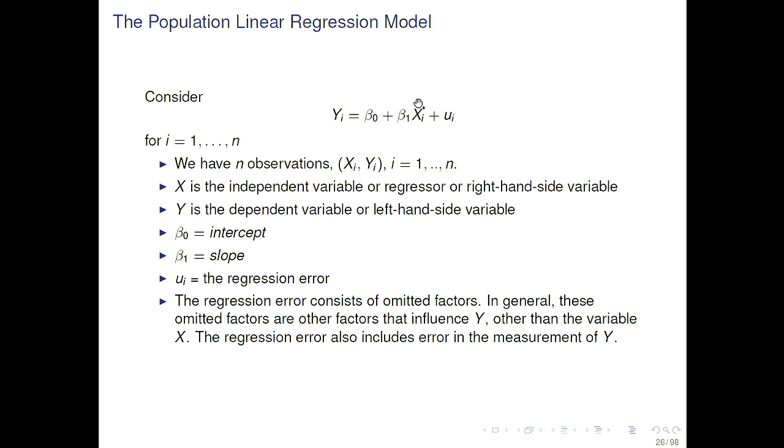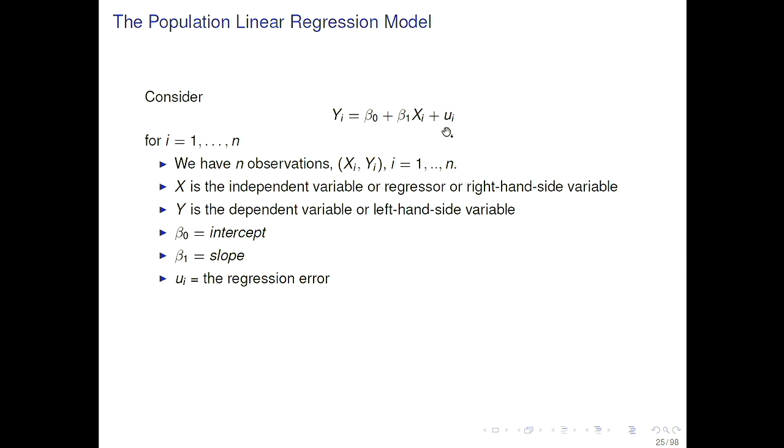Or the x variable can be measured with some measurement error. The y variable as well. When we collect a sample, people can make some error. So there can be some measurement error. All those measurement errors are included in this last term, the error term.